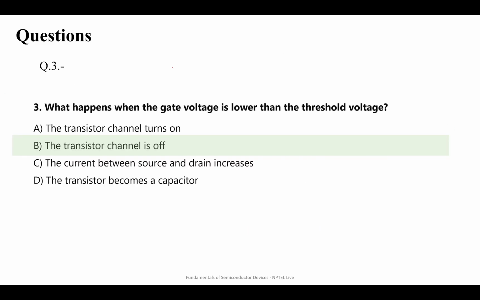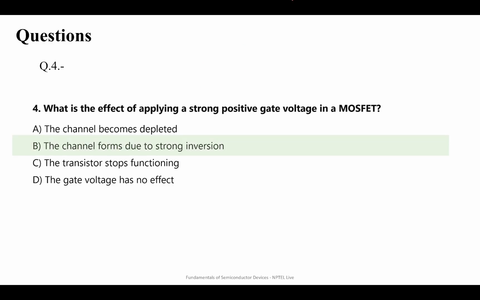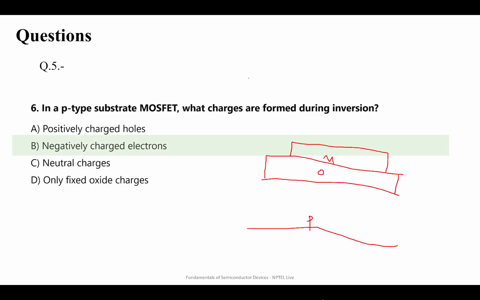Now, to make it a MOSFET, what I do is I place my source and drain regions here.